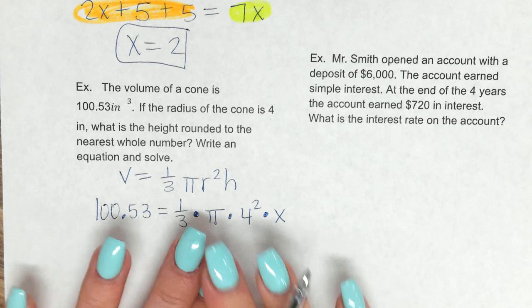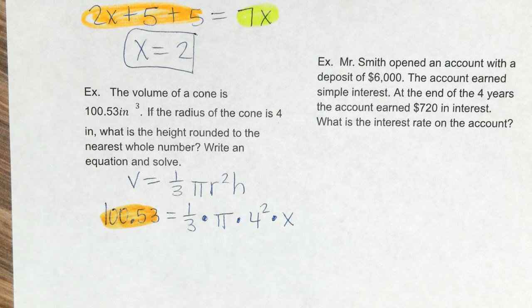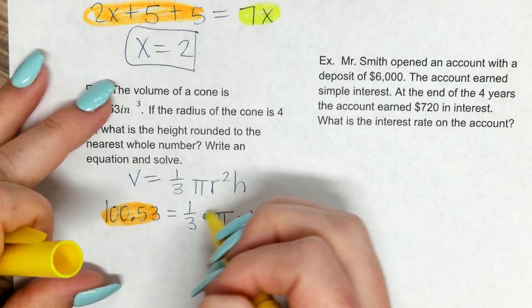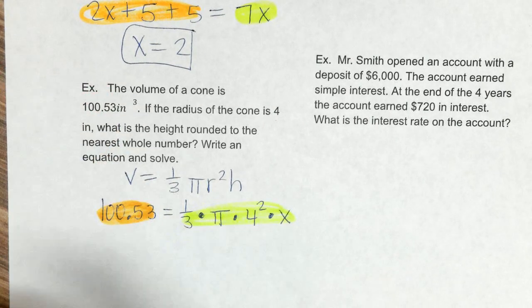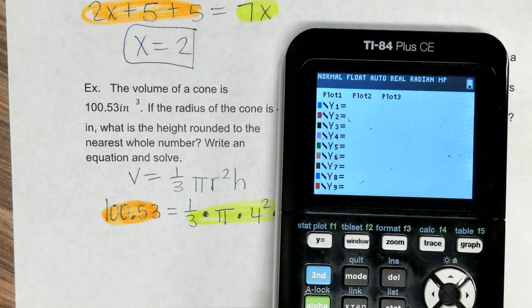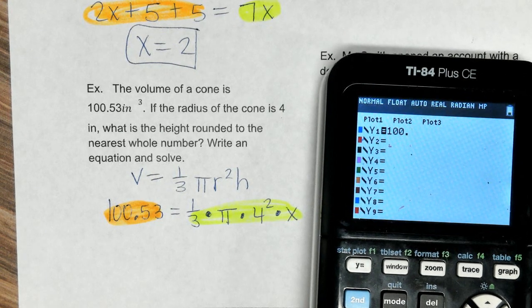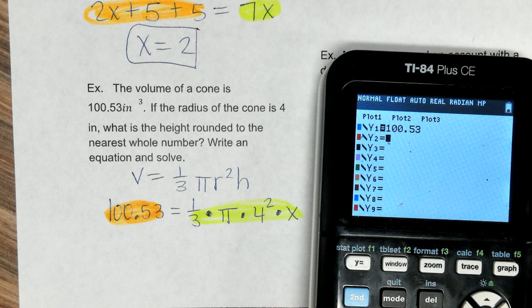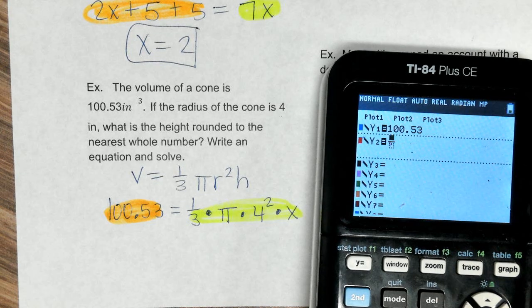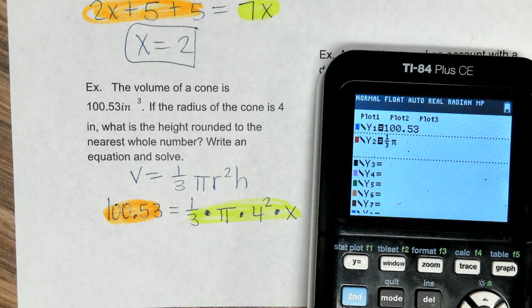Everybody good? Now that I have it written out, this side will go in y1. This side will go in y2. So I should see everybody typing this in. You can use your pi button.